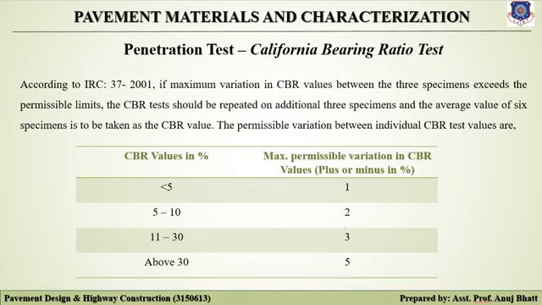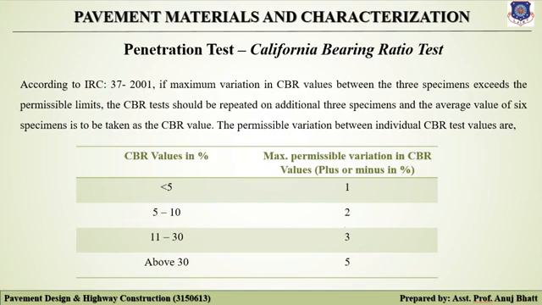In the same way, between 11 to 30%, plus or minus 3% is allowed, and above 30% CBR value, which is rare, the maximum permissible variation is plus or minus 5%. So this is all about a particular CBR value.